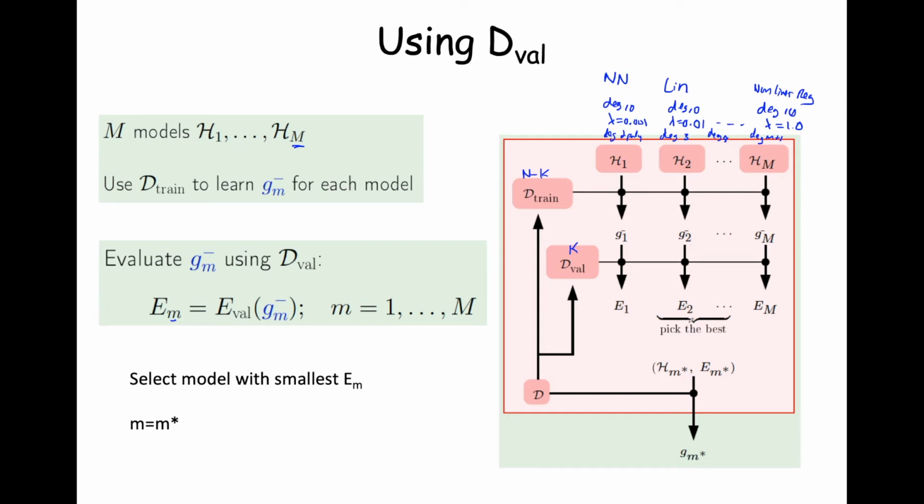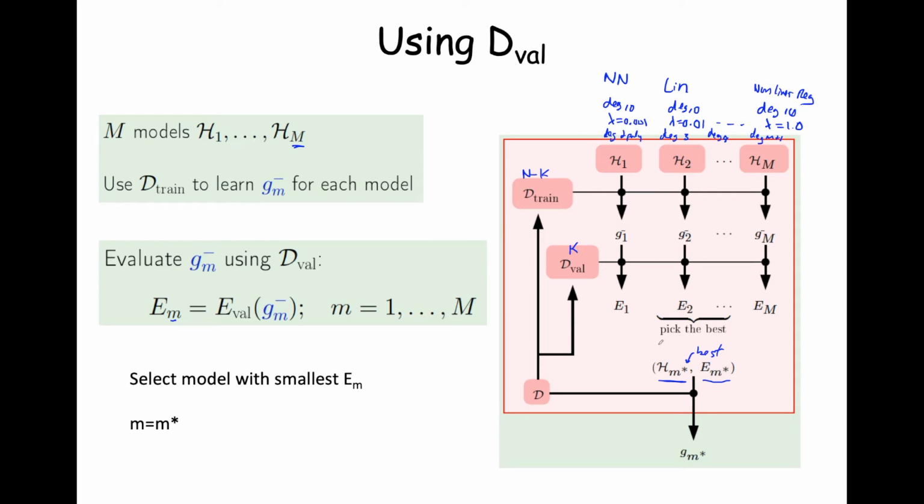So we pick the best one, and we're going to call that HM star. So star means it's the best, and it's the best as defined by being associated with the smallest validation error, EM. So this HM star is the best hypothesis among these big M many hypotheses, and it's the one associated with the smallest validation error. So that smallest among the big M many validation errors, we're going to note this as EM star.